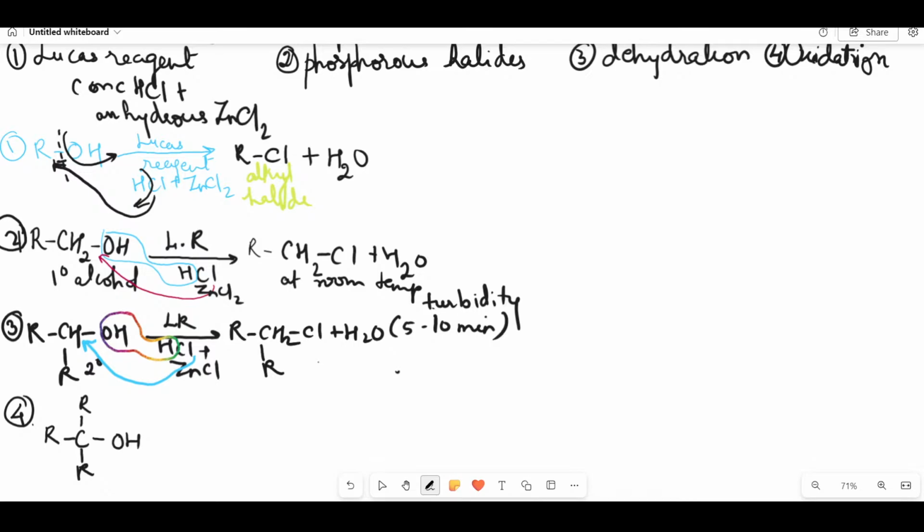Now the same thing again will happen, that is HCl plus ZnCl2. We are using Lucas reagent. So again water will be removed with the help of this hydrogen.